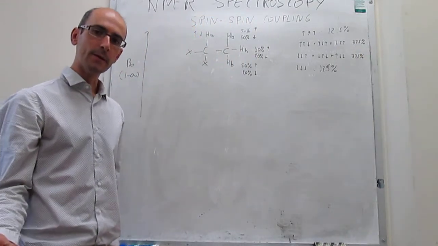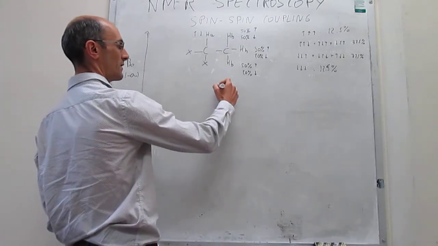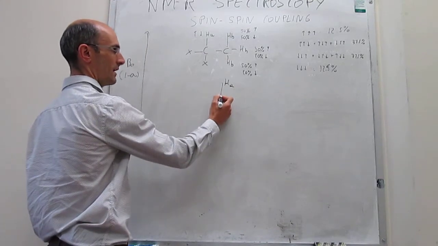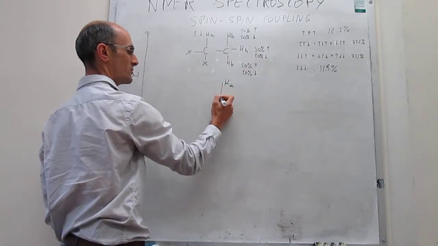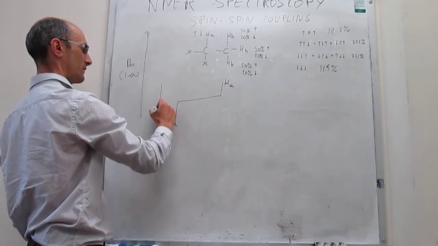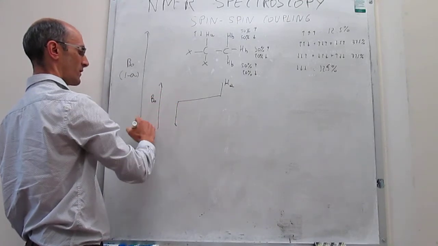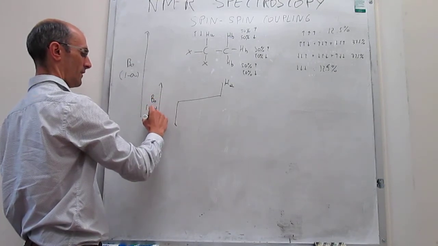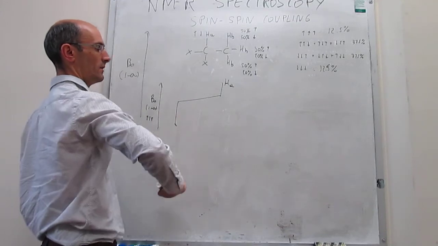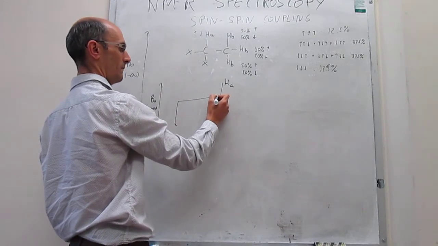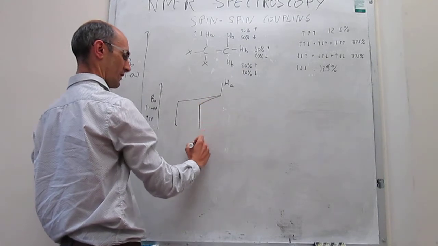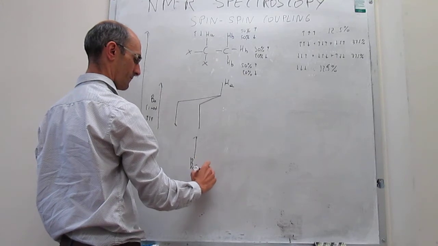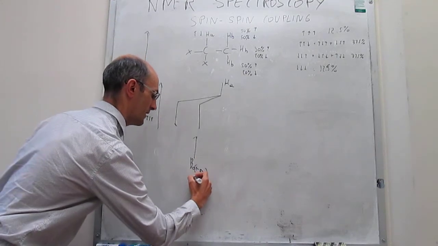Then the splitting is going to be as follows. You have the signal of HA. 12.5% of the time, you're going to see the external magnetic field, V naught, corrected by the electron modulation, and then up, up, and up. You will get that signal right here. 37.5% of the time, you're going to get V naught times (1 minus sigma) with 2 up and 1 down.